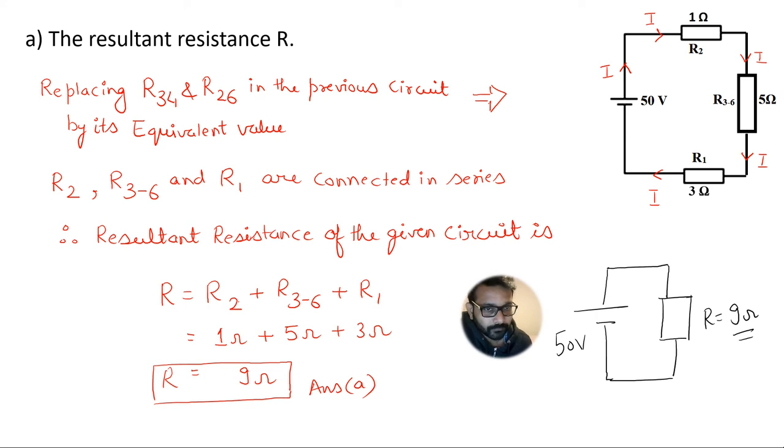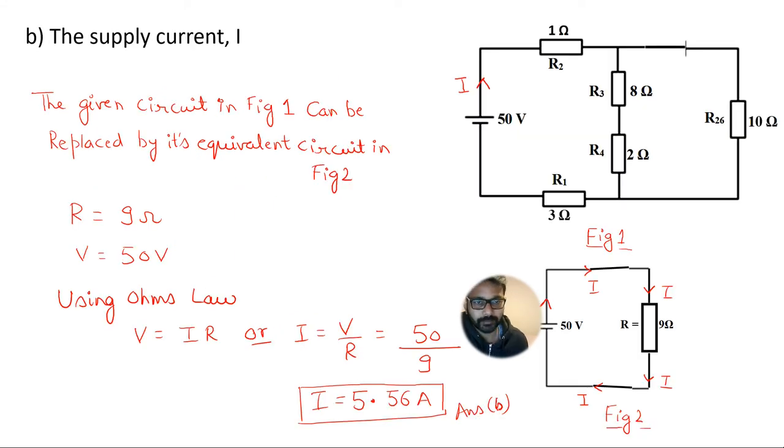Now moving on to the next part of this question. If we have solved the first part correctly, the next part becomes much easier. In the next part, we have to calculate the supply current.